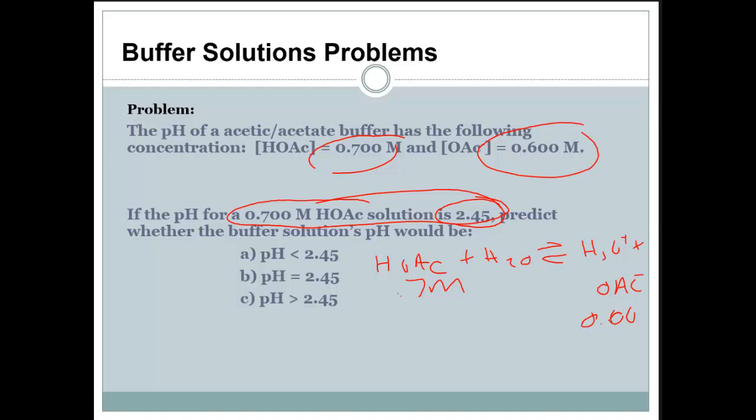We're adding base, so therefore it's going to shift to the left by Le Chatelier's principle. That's making smaller amounts of H3O plus in the solution, meaning it's going to be more basic. More basic means that the pH value is actually going to increase. Therefore, that 2.45 is going to go up when you add base.